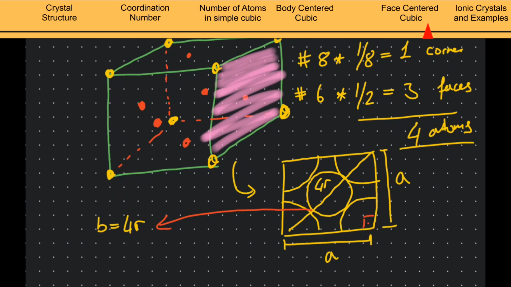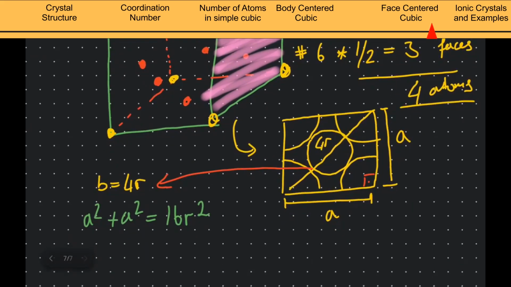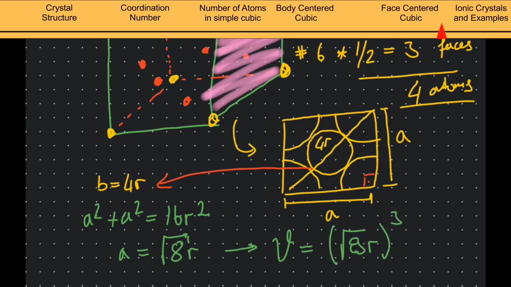It is 90 degrees. So basically, A squared plus A squared should be equal to 16R squared, and the A should be equal to square root of 8R, right? If you want to calculate the volume of the cube, it is A cubed, or this square root of 8R cubed should be the volume of the cube.